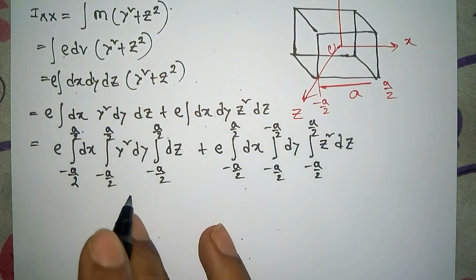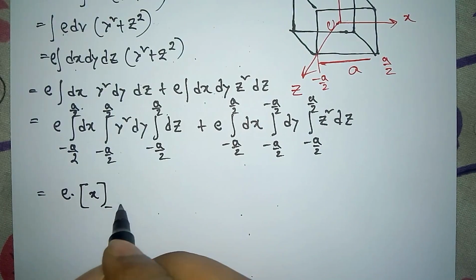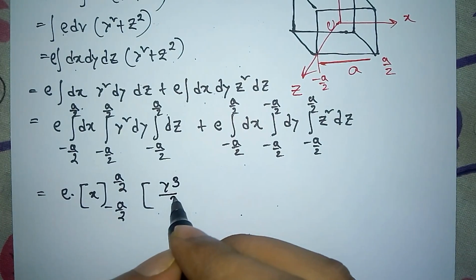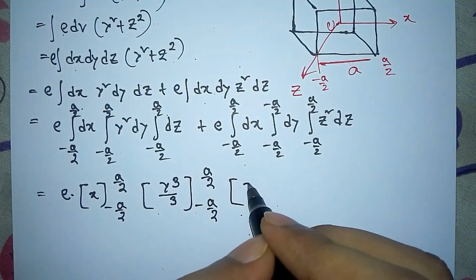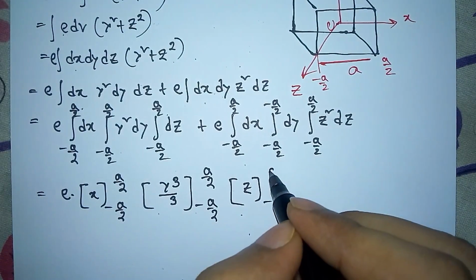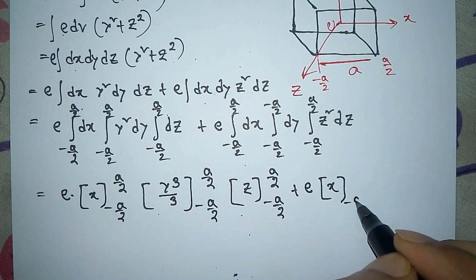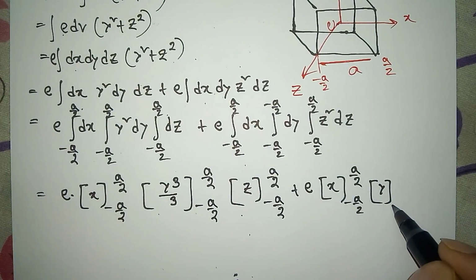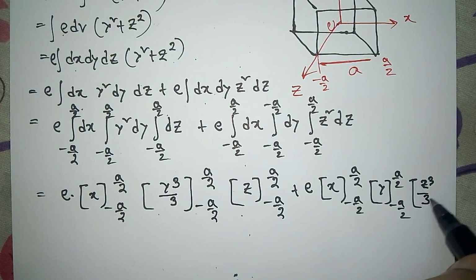Okay, then after integration, it equals rho into x, into y cube by 3 from minus a by 2 to plus a by 2, into z from minus a by 2 to plus a by 2, plus rho into x from minus a by 2 to plus a by 2, into y, into z cube by 3 from minus a by 2 to plus a by 2.